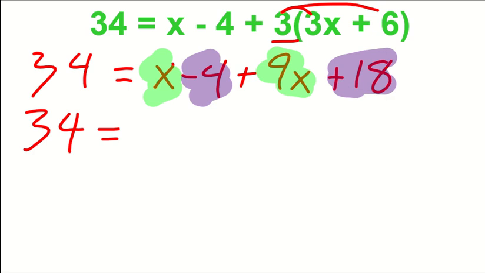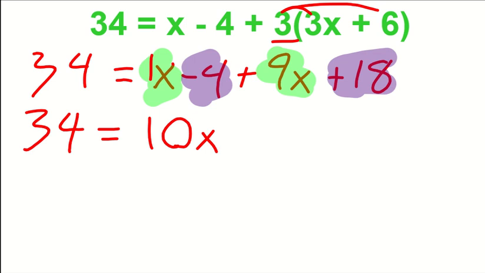All right? Everybody good with that? The variables go with variables, constants with constants, okay? And if we had different variables, we can't combine them either. So with the x and the 9x, it's just x plus 9x. What's that? 10x. Whenever there's nothing in front of the variable, remember that's like there's a 1 there. So we got 10x.